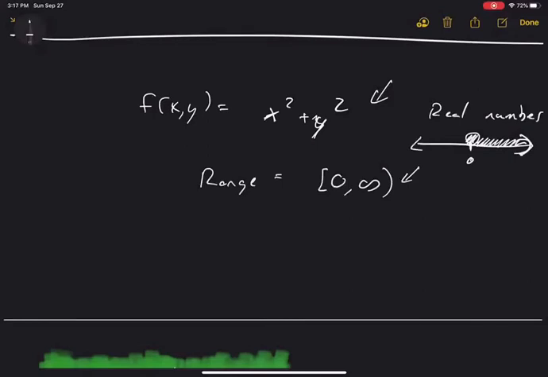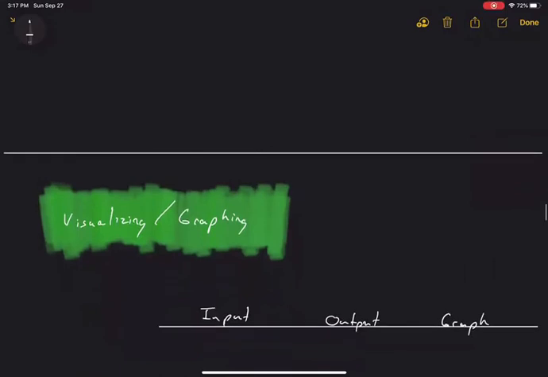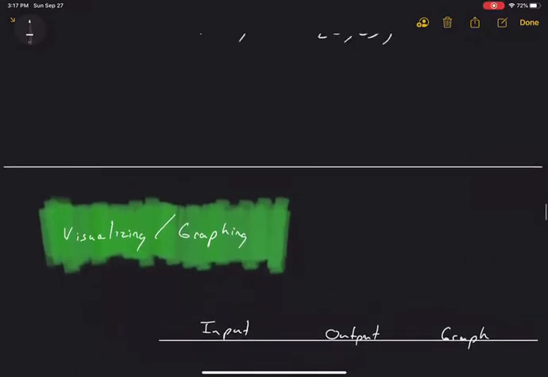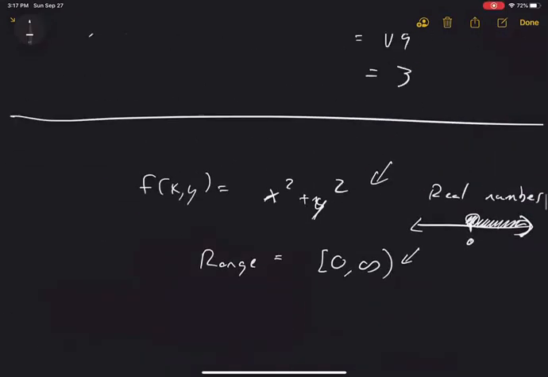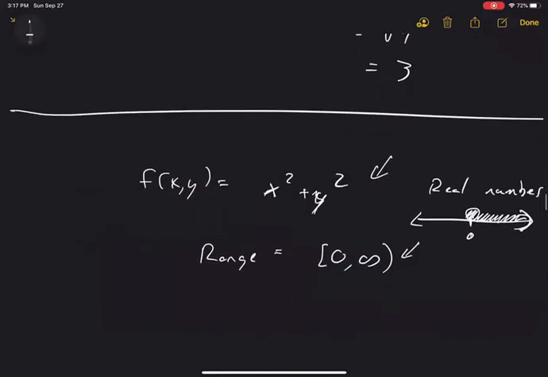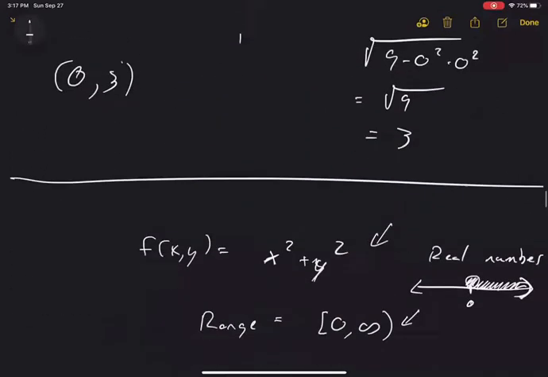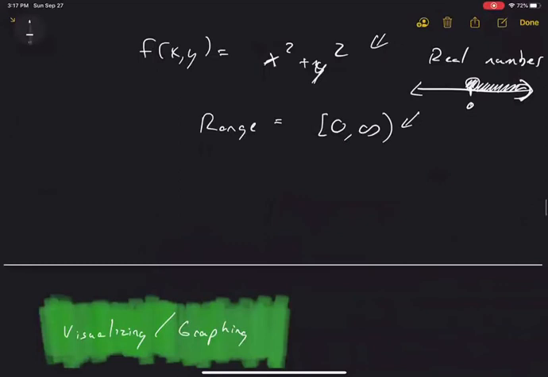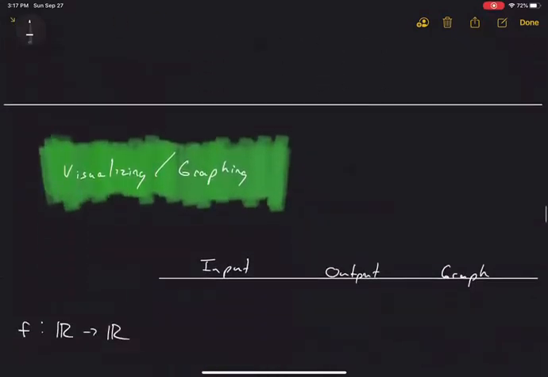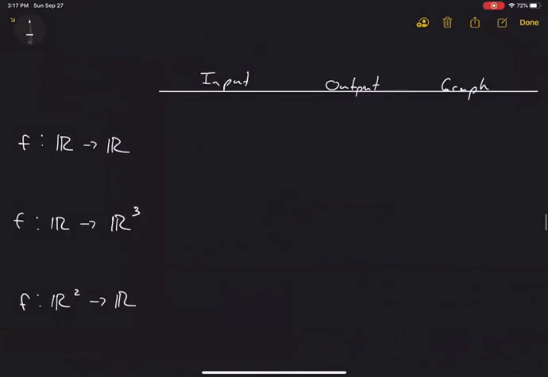Okay. Now, let's talk about visualizing and graphing these functions, and that's really going to help. If this is not making sense input-output-wise to you, adding in the graph component will probably help you. Okay. So maybe your problem is you can't visualize stuff.